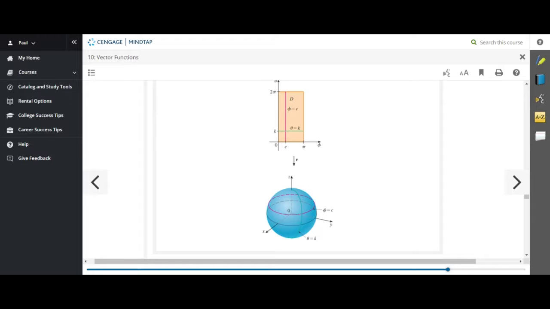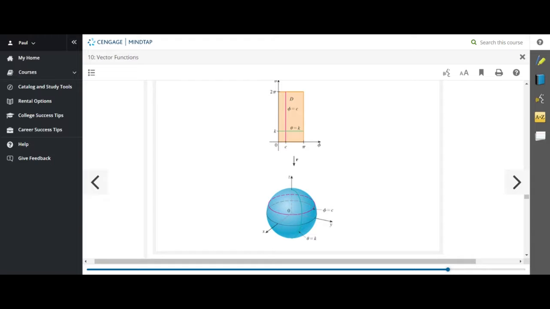All the points on that red circle, theta will vary from 0 to 2 pi, but the angle phi is going to be some constant value, maybe like 45 degrees. Phi equals pi over 4, for instance.